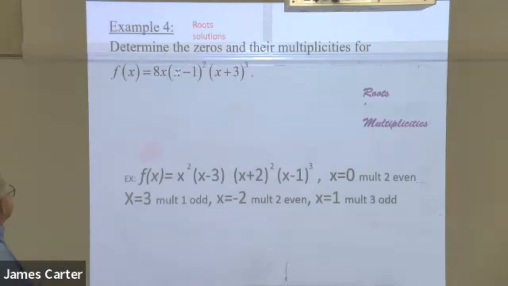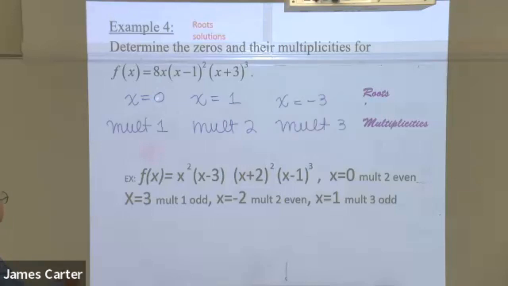Okay, let's look at this. This is a factored equation. We've got an x to the first here. We've got a second power and a third power. This is going to give us an x value of 0, the value we graph. This one's going to give us a value to graph of 1.